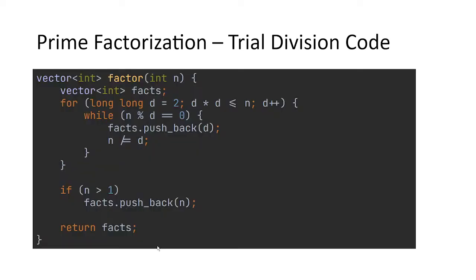So this is the code for trial division. Here is a parameter n, of which we have to find the prime factors. We'll store all the prime factors in this vector facts. So we have this for loop. We iterate from 2 to root n. And for every divisor d, if n mod d is 0, if d is a factor of n, we push back d in the facts vector, and then we divide n by d.